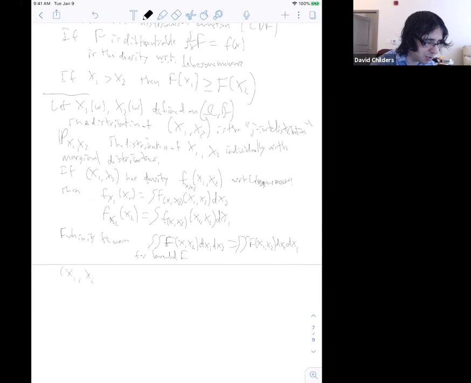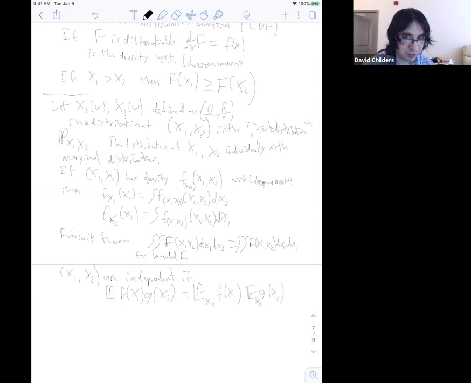So we say x1 comma x2 are independent if the expectation of f of x1 times g of x2, where this expectation is taken with respect to the joint distribution, is equal to the product of the expectations of f of x1 and g of x2 with respect to the marginal distributions, for any f, g, where by for any, I of course mean any measurable f, g that are defined over the corresponding spaces.